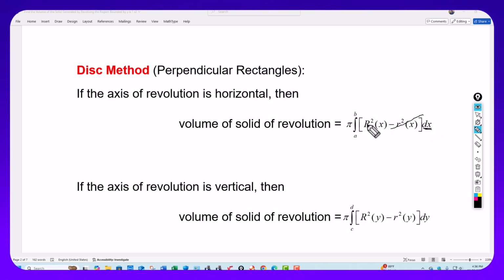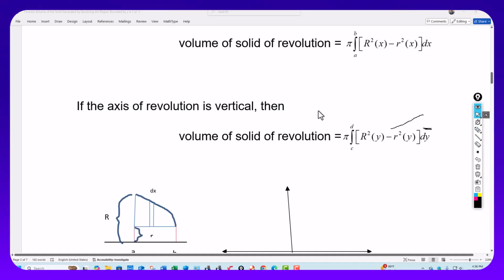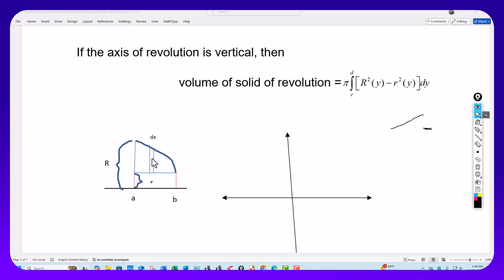If it's x, then you want this function in terms of x, and this one is dx. But if your disk was perpendicular to the y-axis, this would be dy. Your limits of integration would be along the y-axis, and you would set up your function f of y.